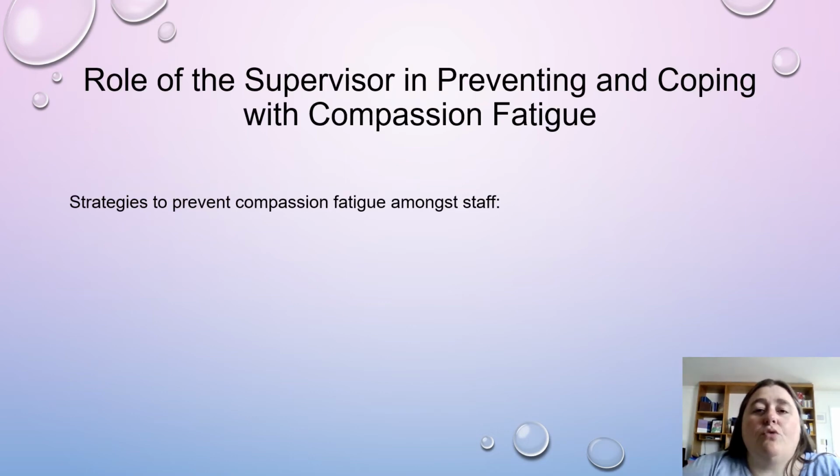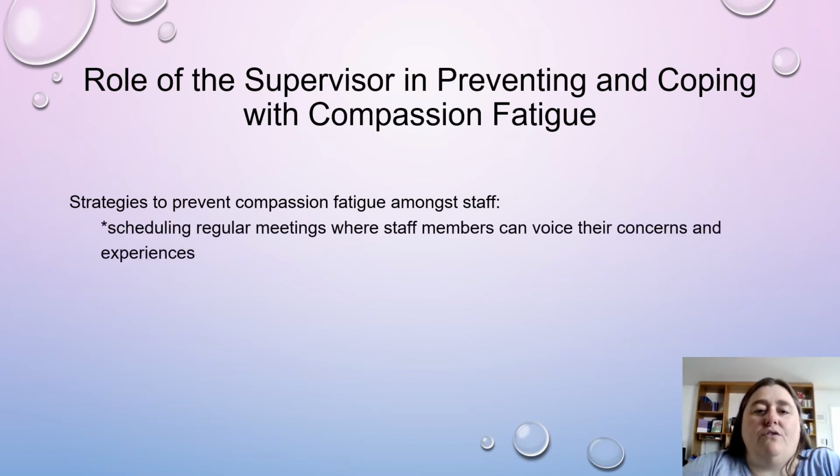In addition to the role that you play in combating your own compassion fatigue, there's also a role that the supervisor plays in preventing and coping with compassion fatigue. An increased awareness of the signs and symptoms of compassion fatigue will allow supervisors to provide timely support and provide the knowledge needed to appropriately modify organizational factors that lead to an increase in compassion fatigue.